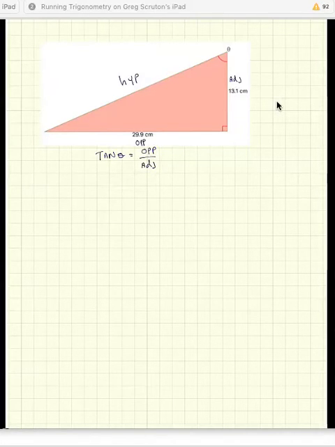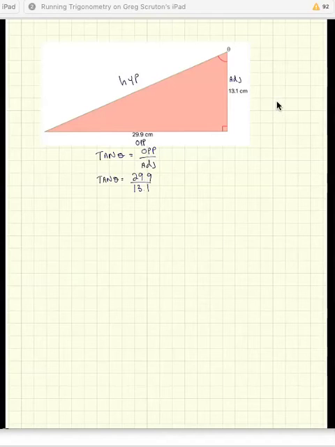Let's fill in what we know. We don't know what theta is, so I'm going to keep that as theta. The opposite is 29.9 centimeters, and the adjacent side is 13.1 centimeters.